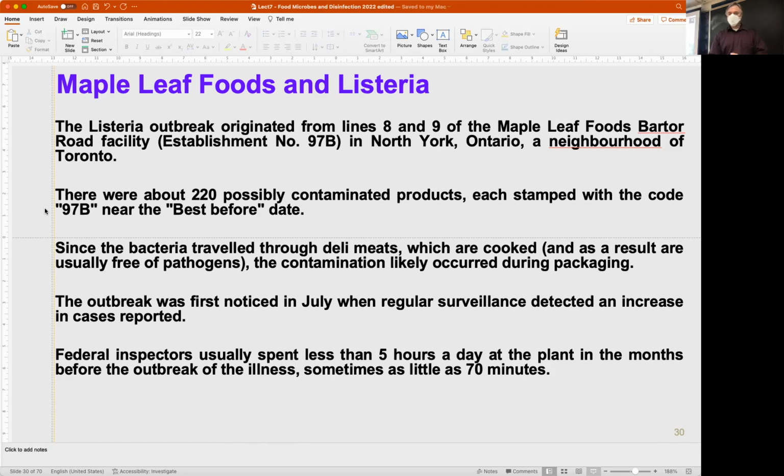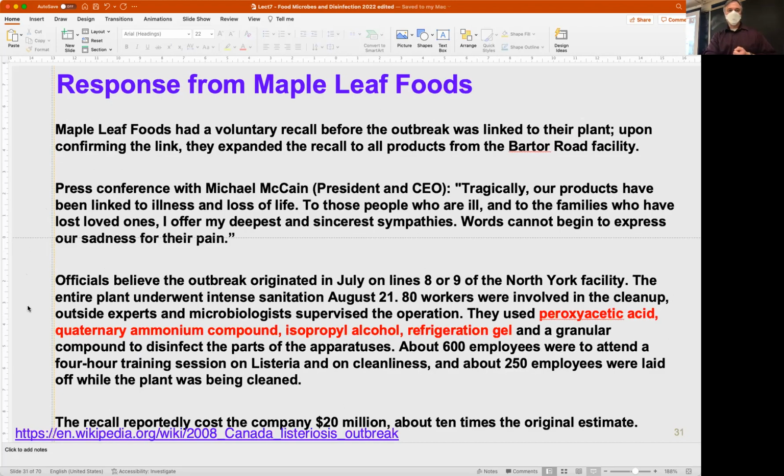Sometimes they don't spend more than 70 minutes in a plant. So they come into the plant, they do their inspection, they go to the next plant. This may have contributed to that as well. And it said here it spent less than 5 hours a day, and sometimes as little as 70 minutes.